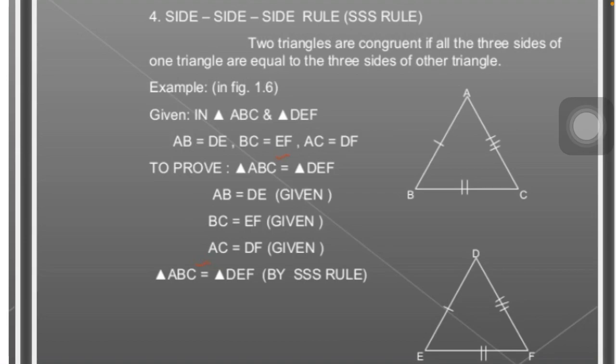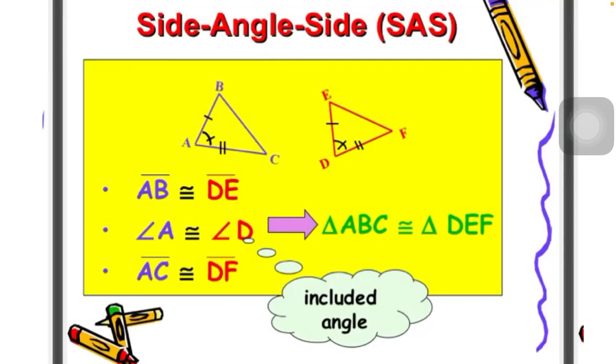So everyone, this is how you can write the congruency rule in any question to prove that triangles are congruent. Next is the SAS rule, side angle side. In this one I have two sides and one angle. The first side is AB equals DE, then angle A equals angle D, and then AC equals DF.